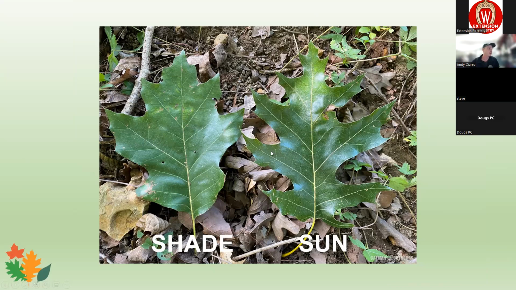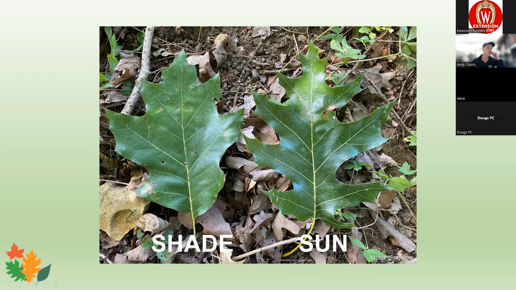The leaves vary based on where they are on the tree itself. These leaves came from the same exact tree. On the left, these leaves were at the bottom of the tree, because they're what's called a shade leaf. They're not at the top, so they're not getting as much sunlight. It's incredible, the tree knows to grow its leaves wider, so it has more surface area to get whatever sunlight is getting through.